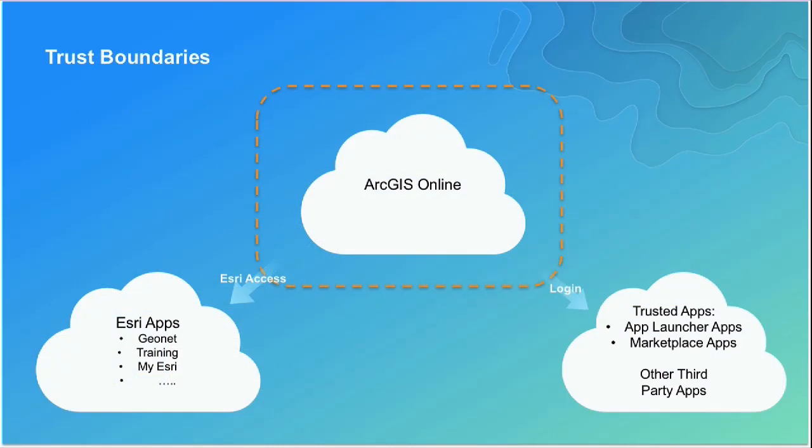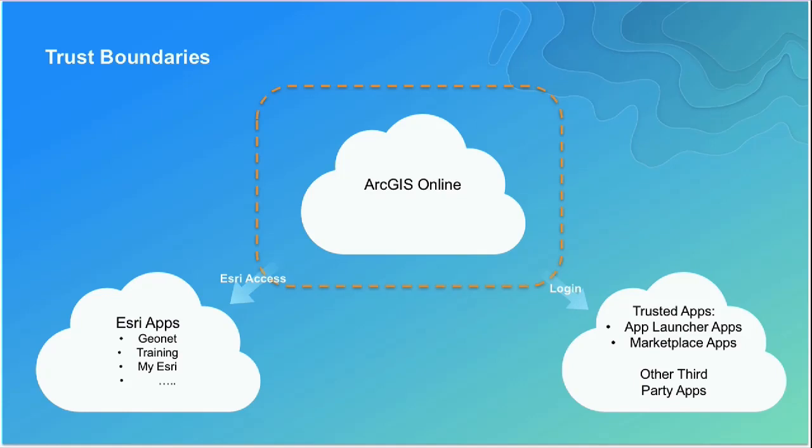A quick note about trust boundaries before we show you a demo on this topic. When a third-party application developer integrates their application with ArcGIS Online, this is outside of the boundary of ArcGIS Online. For ArcGIS Online, when we talk about security, we certify or audit certain components within ArcGIS Online itself.